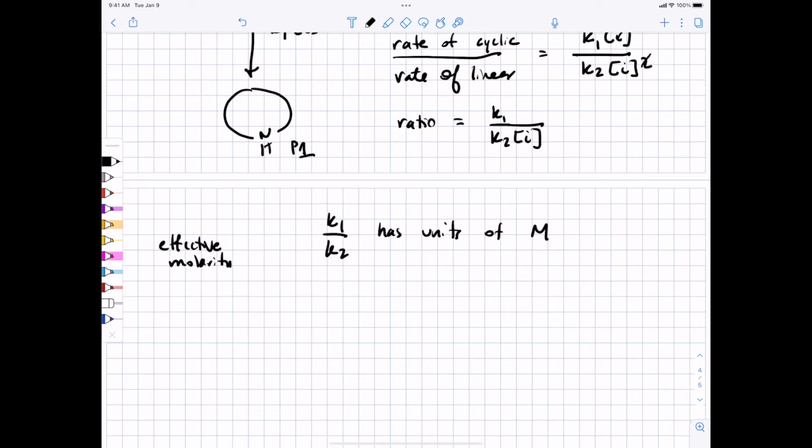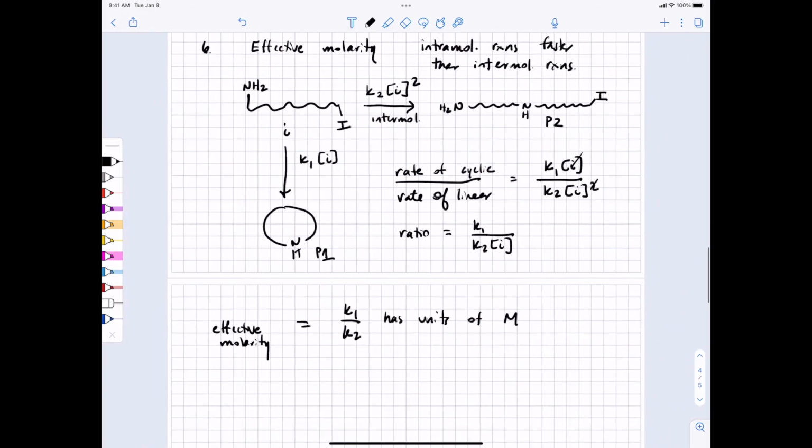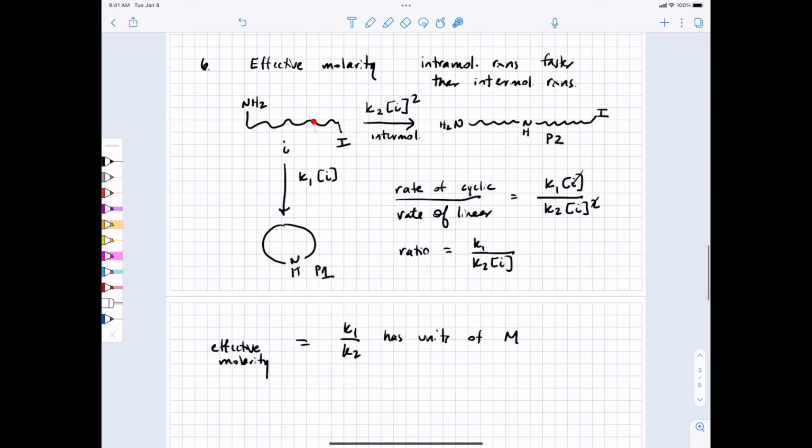That is, you can't make a direct comparison because this is unimolecular versus this is being bimolecular, but this number tells you basically how much faster or more effectively you form the cyclic product, and it's as if there's some increased concentration of the two groups relative to each other.